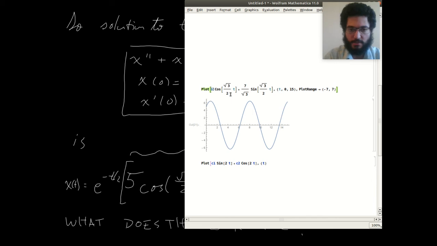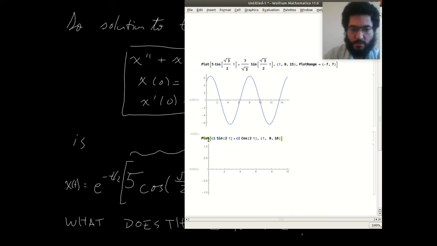It doesn't matter what the angular frequency is for what I'm trying to show. I just want something simpler to type. Let's plot it from t equals 0 to t equals 10. Of course, I'm not going to see anything because I need to say what C1 and C2 are, so let's make it so that you can control what they are.